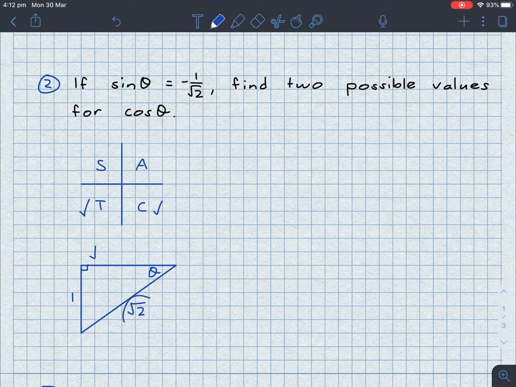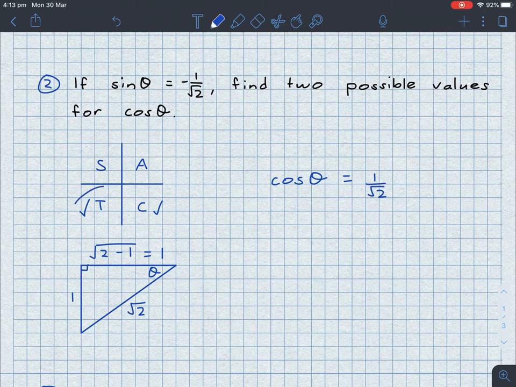Here we have the square of the hypotenuse, take away the square of the shorter side, and I end up with the square root of 1, which is just 1. Again, if you remember your exact triangles, you know that we have a 1, 1, root 2 triangle. You can just straight away put that side in. So that means cos theta, which is equal to adjacent on hypotenuse, is going to be 1 on root 2.